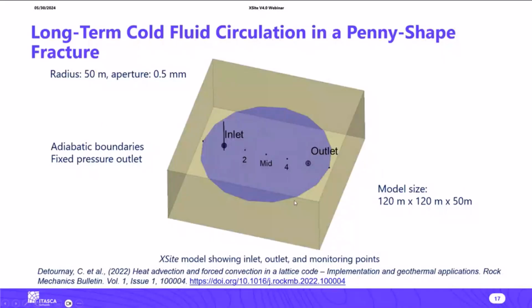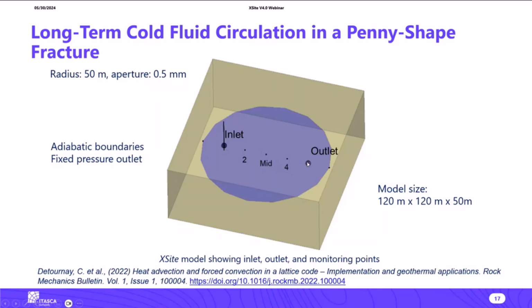We assume that the rock and the fluid in this fracture have an initial temperature of 300 degrees C, and then we inject at a relatively low rate, something like half a barrel per minute, cold fluid at the location of the inlet, indicated here in the slide.